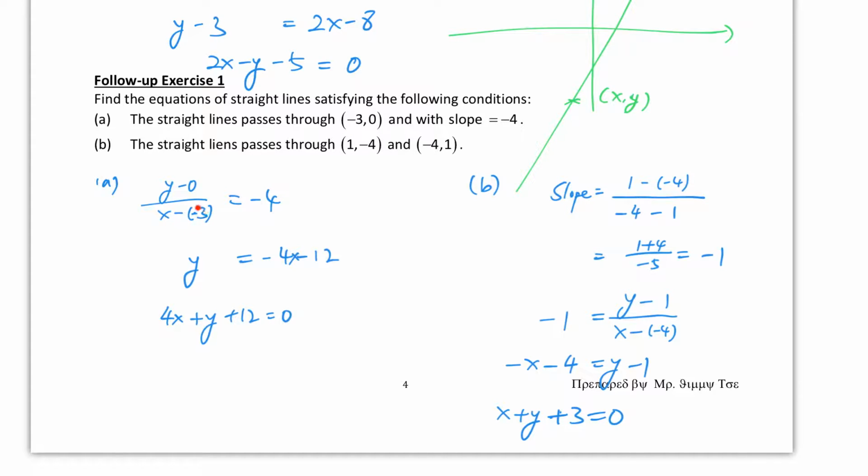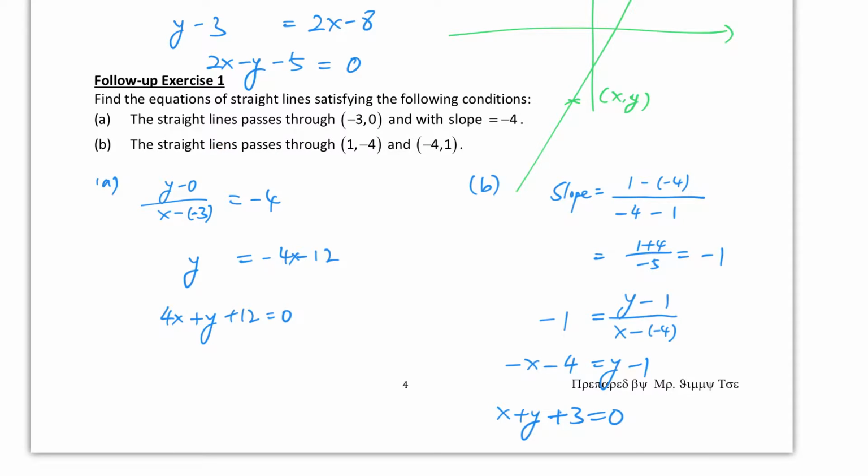In general, I will use brackets to represent my answer, because there are lots of common mistakes with positive and negative signs. So this is positive 3; multiply both sides by x plus 3. So this is -4x minus 12, and then add 4x plus 12 on both sides, and then I can form this answer. Part B, sorry, typo.